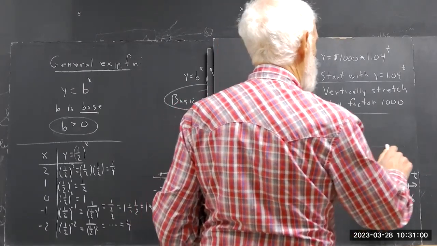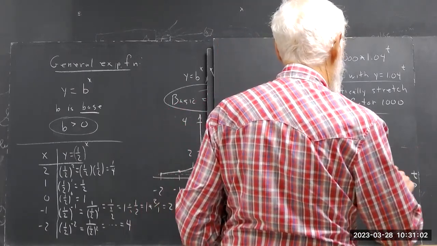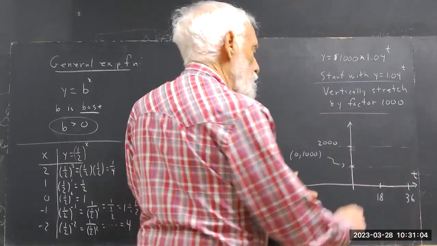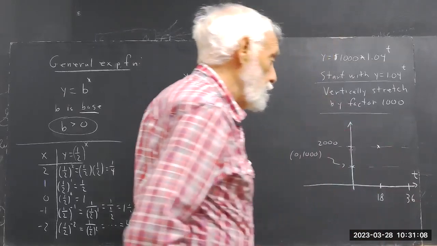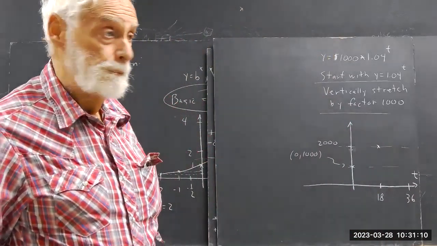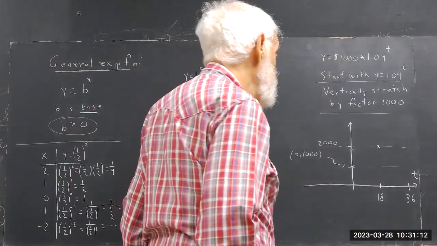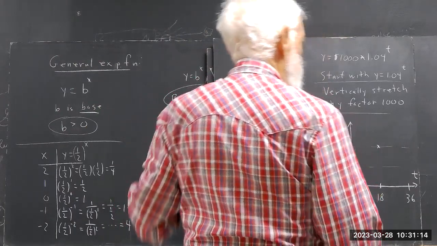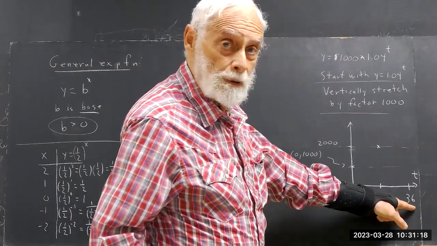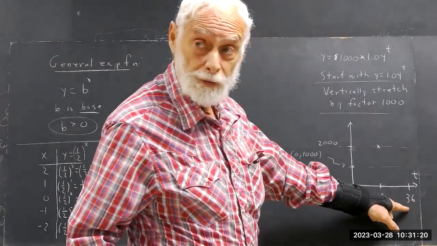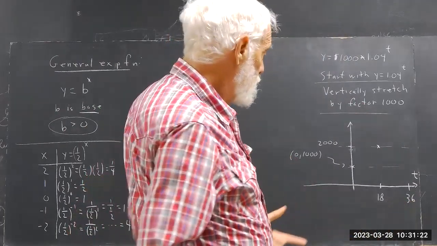Here's 2,000. y doubles, so when t equals 18, y is 2,000. And then it doubles again between 18 and 36. So what's that look like?